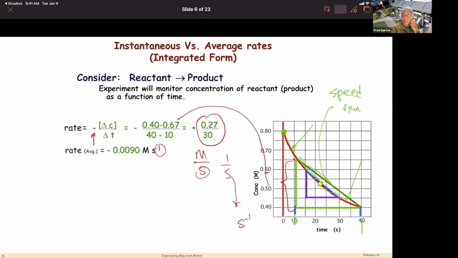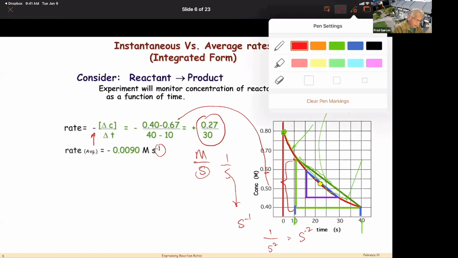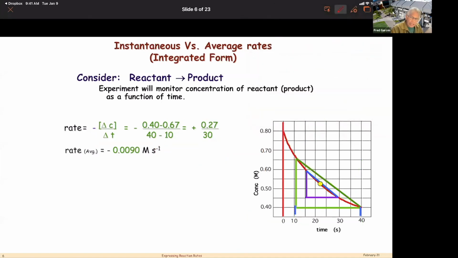Okay, and you'll see that a lot in this particular chapter. When you put it to the -2, then it's 1/s². That is equal to s to the minus 2. Okay, so that's just a little bit of the math trick that you guys are exposed to in this particular section. So that's the rate between that frame.